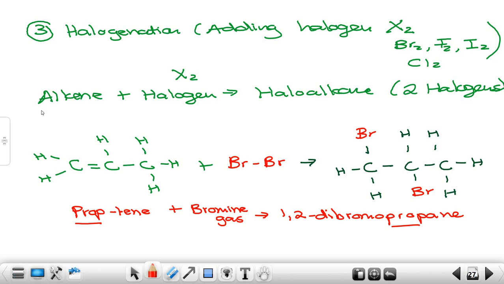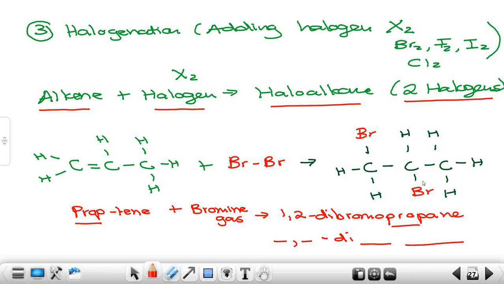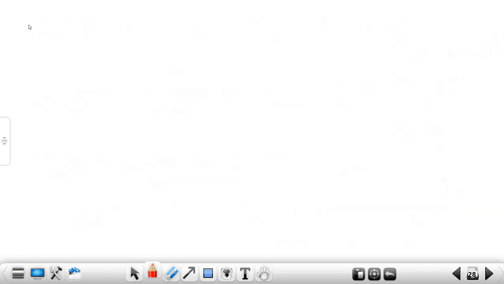So the general equation is an alkene plus a halogen will give you a haloalkane that has 2 halogens, taking the form of a number, 2 numbers, di, your halogen, and then the parent, which is propane, butane. It really doesn't matter. Right, then the next one, number 4, we said it is hydrohalogenation.